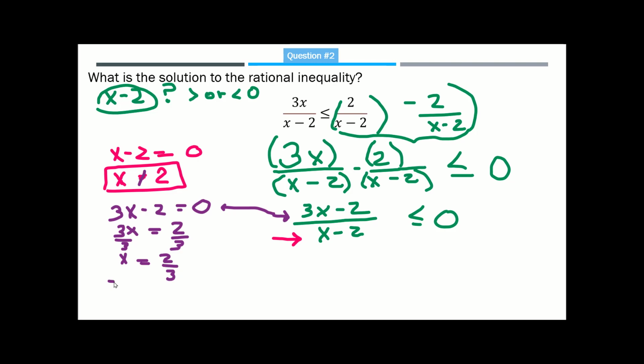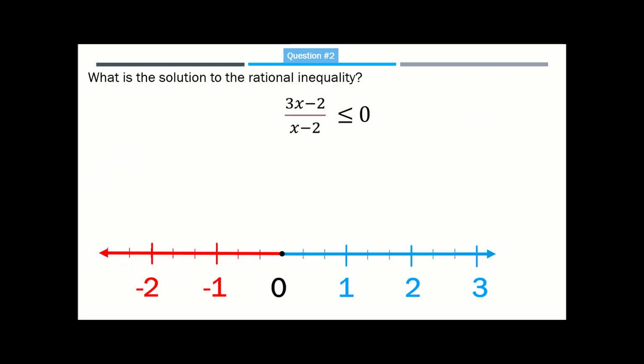Remember what we have. X cannot equal positive 2, and x can equal 2/3. So let's put that on our number line. All right, now that we have our number line and what x can and cannot be, let's put that on our number line.